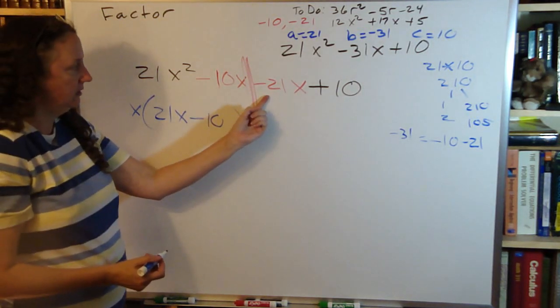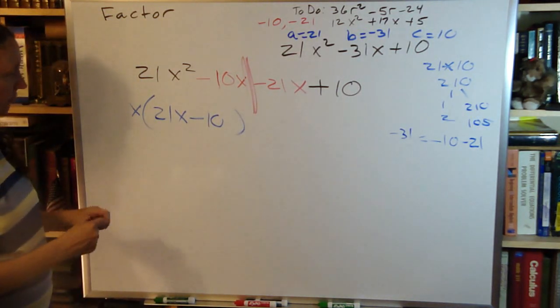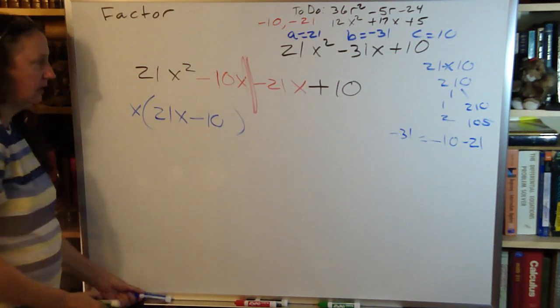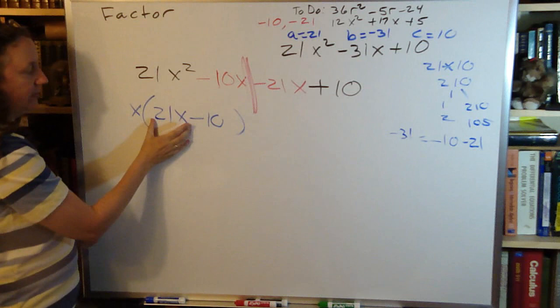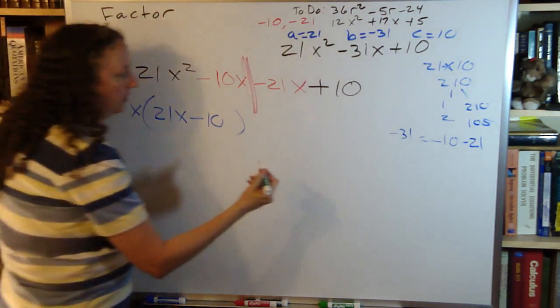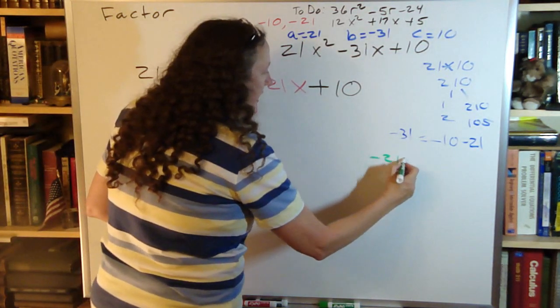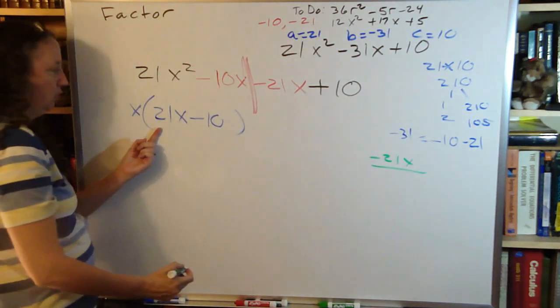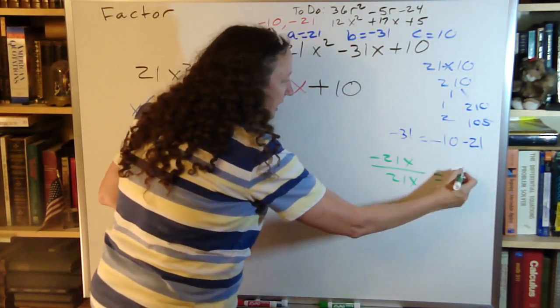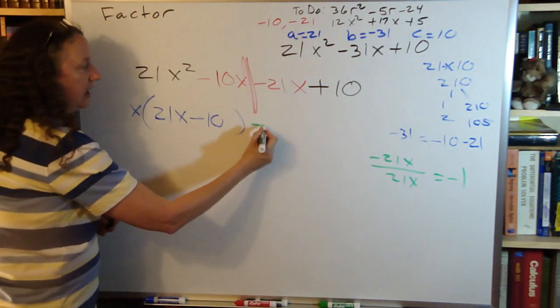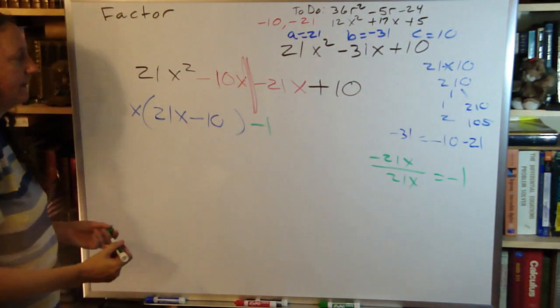Going over here, using my shortcut, I take the first term here, divided by the first term inside the parentheses. So I have negative 21x divided by 21x, and I get negative 1. So I'm putting down negative 1, minus 1.